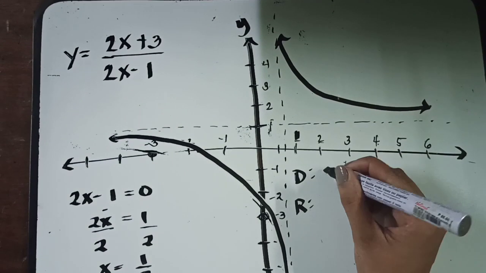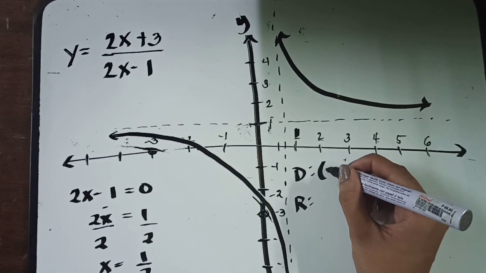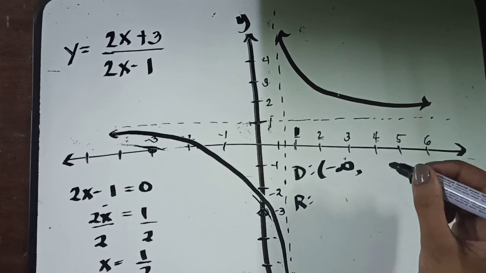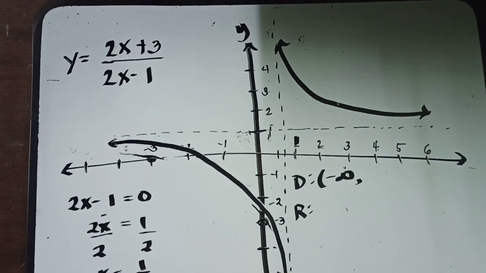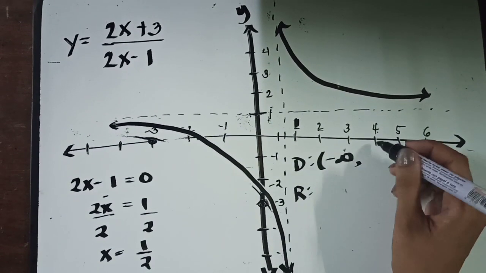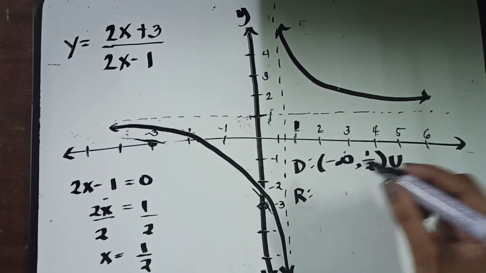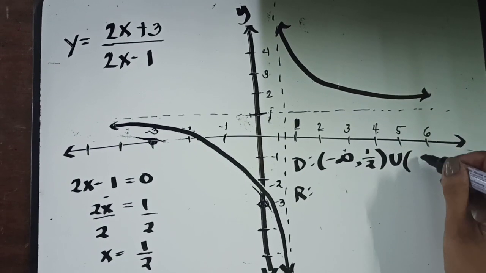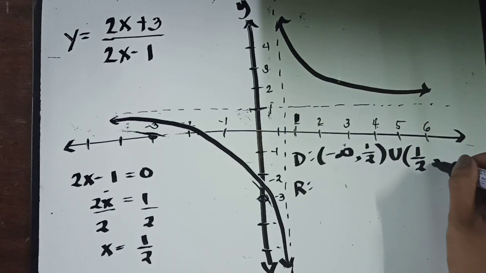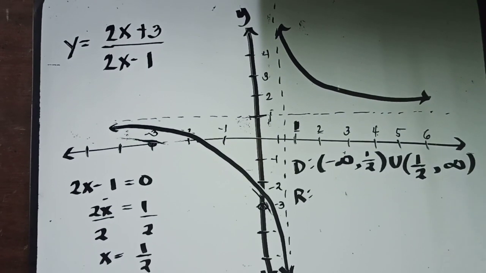Okay, so now, the value of our domain is negative infinity, then the restriction, which is yung zeros of denominator natin, 1/2, union, since dalawa ang graph, restriction natin, which is 1/2, up to positive infinity.